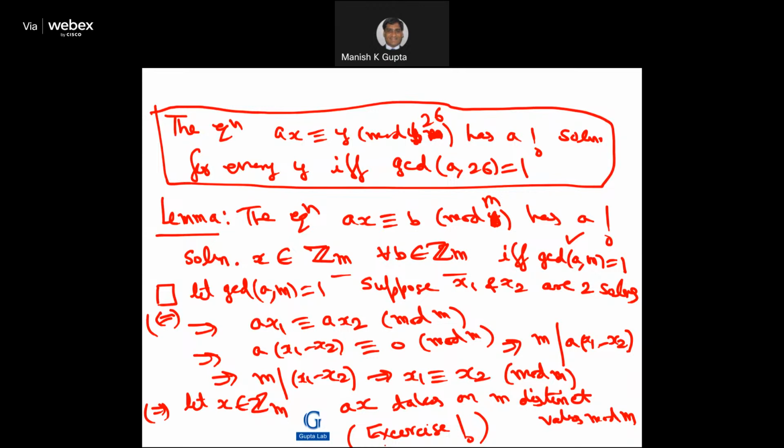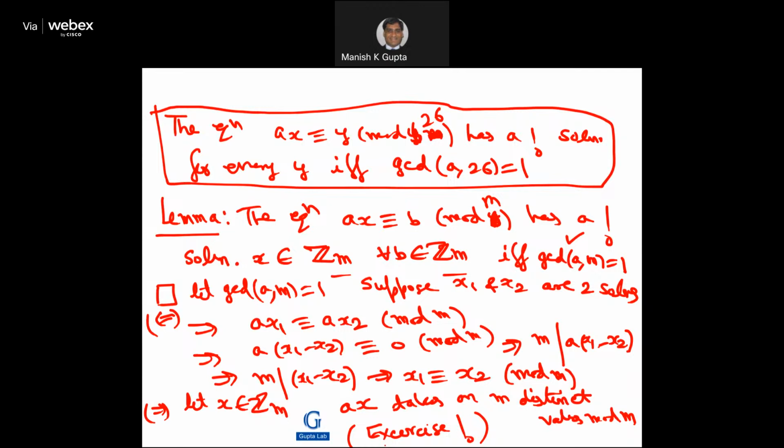There is this observation that the equation AX congruent to Y mod 26 has a unique solution for every Y if and only if GCD of A and 26 is 1. I think by now you have a feeling why it will be true, right? Whenever this GCD is 1, only then can we find a unique solution.